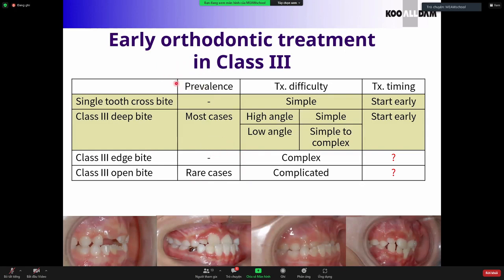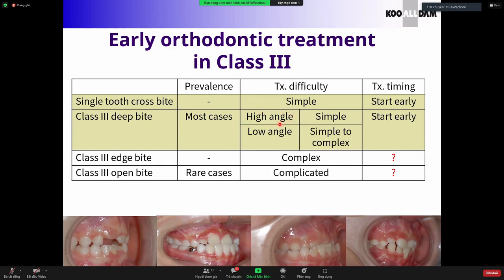So this is some summary. In some cases we can say single tooth crossbite. This is a simple case, and the treatment timing starts early. And class 3 deep bite case. You can see most cases of class 3 malocclusion in this early orthodontic period.